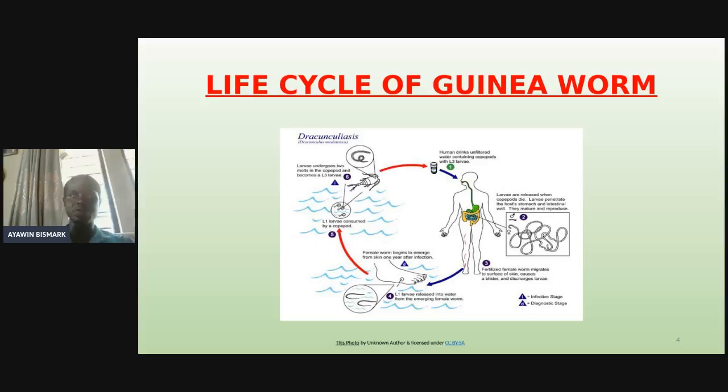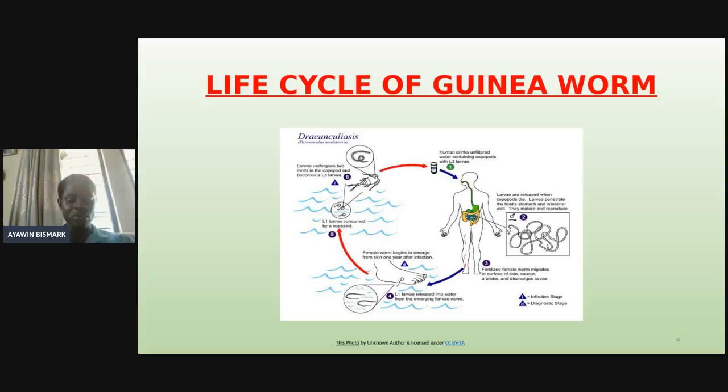During the maturation, the female normally has about 60 to 100 centimeters, meaning that it is much longer than the male. During the maturation too, they meet, but as soon as they meet, the male dies, leaving the pregnant worm, which is the female.